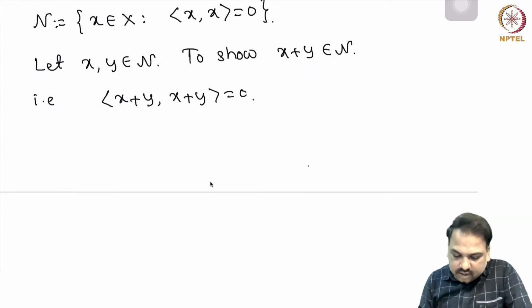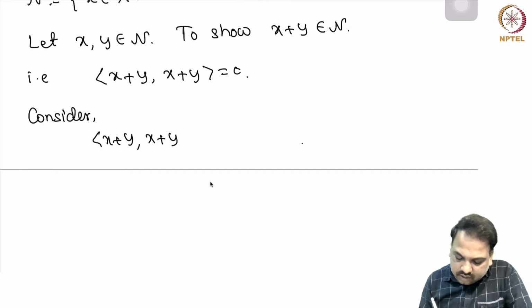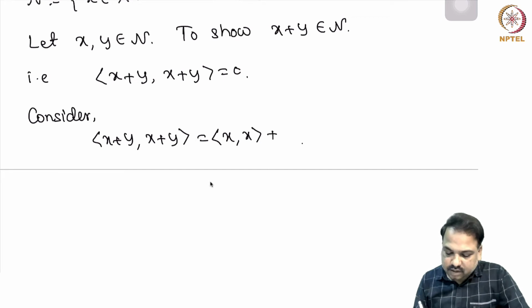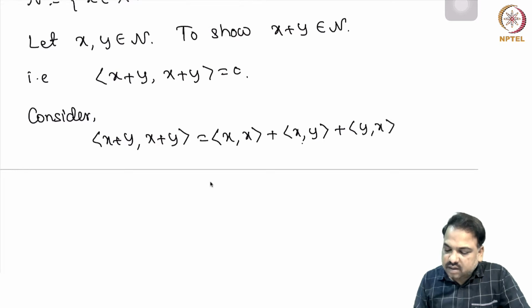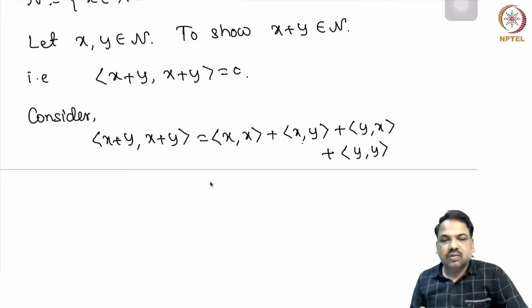So let us consider this part. The semi-inner product of X plus Y with itself is the semi-inner product of X with itself plus the semi-inner product of X with Y plus the semi-inner product of Y with X plus the semi-inner product of Y with Y. Now we know that the semi-inner product of X with itself is 0.